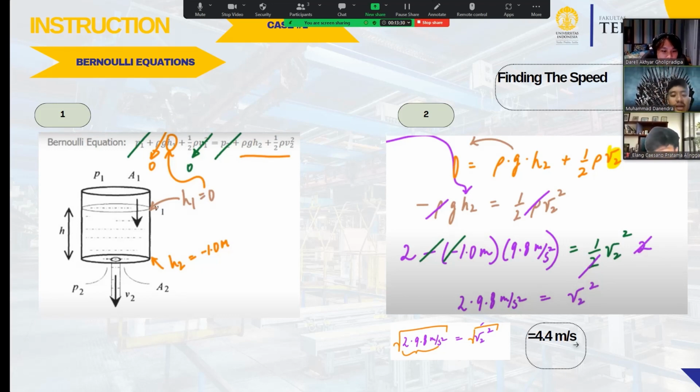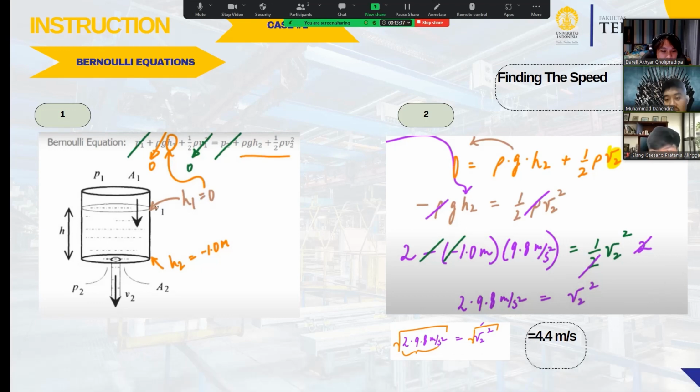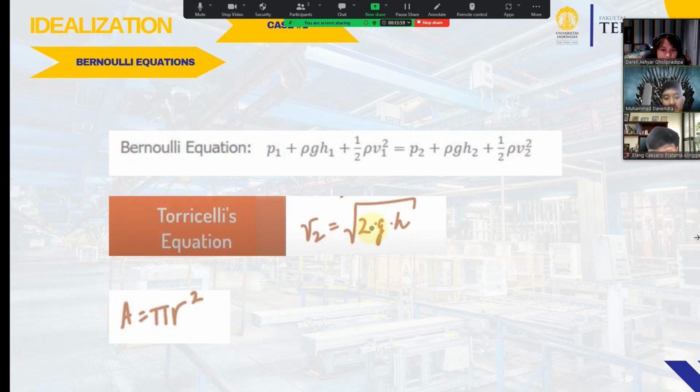From that, we can go to the second step, which I already mentioned before. The equation becomes 0 equal to rho g h and half rho times the root of 2, because from Torricelli's equation we know that it is the root of 2.